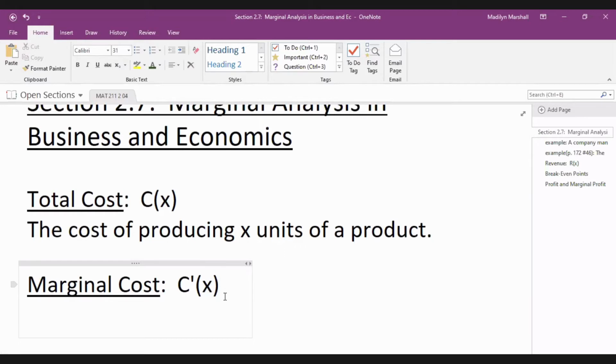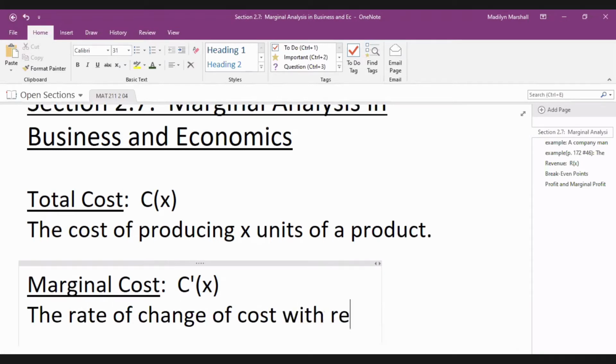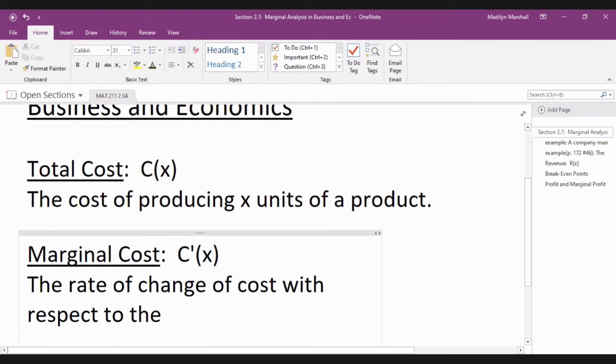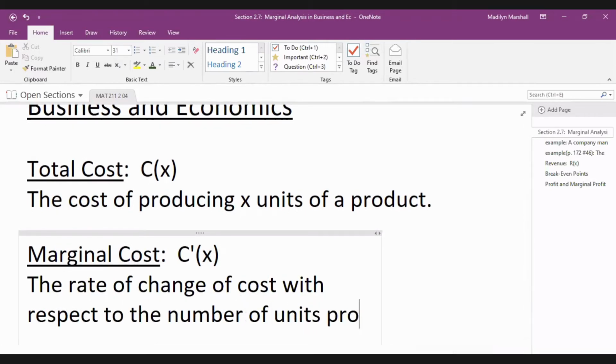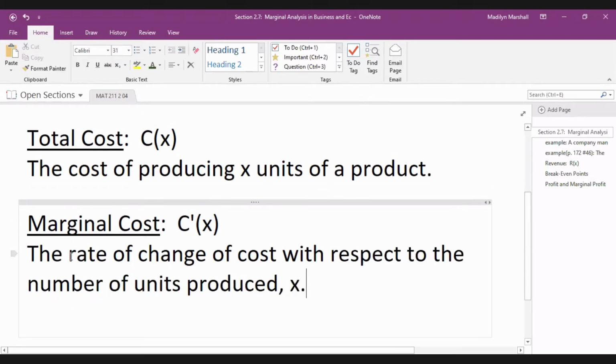But yes, it is the rate of change of the cost, the rate of change of cost with respect to the number of units produced, which is X. So a derivative of whatever our original function is always the rate of change of that thing with respect to the variable. So in this case, X is the number of units that we are producing.